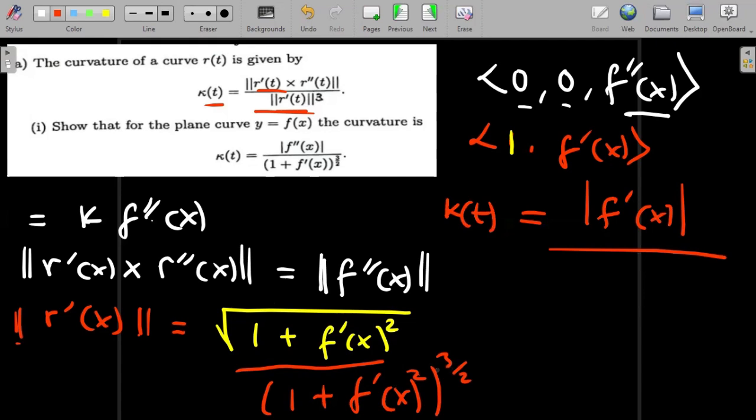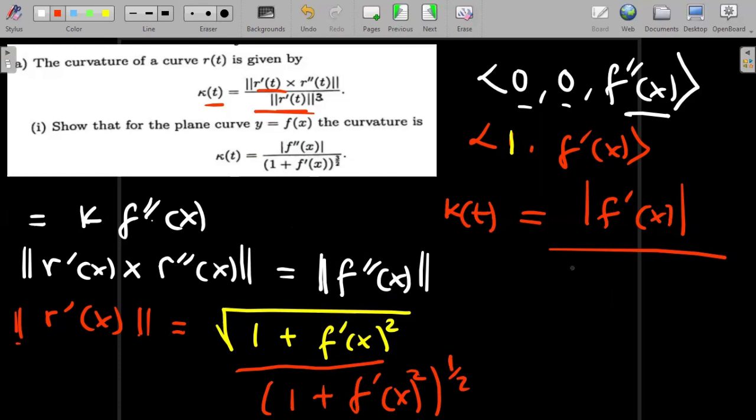Sorry, not 3 over 2, just 1 over 2. The power, because it's a square root, is going to be one half. And already it's in the modulus, but it's raised to the power of 3 there. So let's do that.